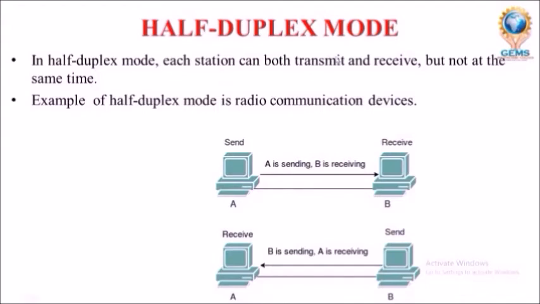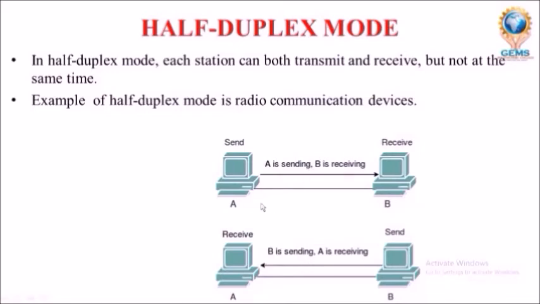Through this figure, we can easily understand. First, A is sending something and B is receiving the message. But at the second time, B is sending something and A is receiving something. So these are two different scenarios.